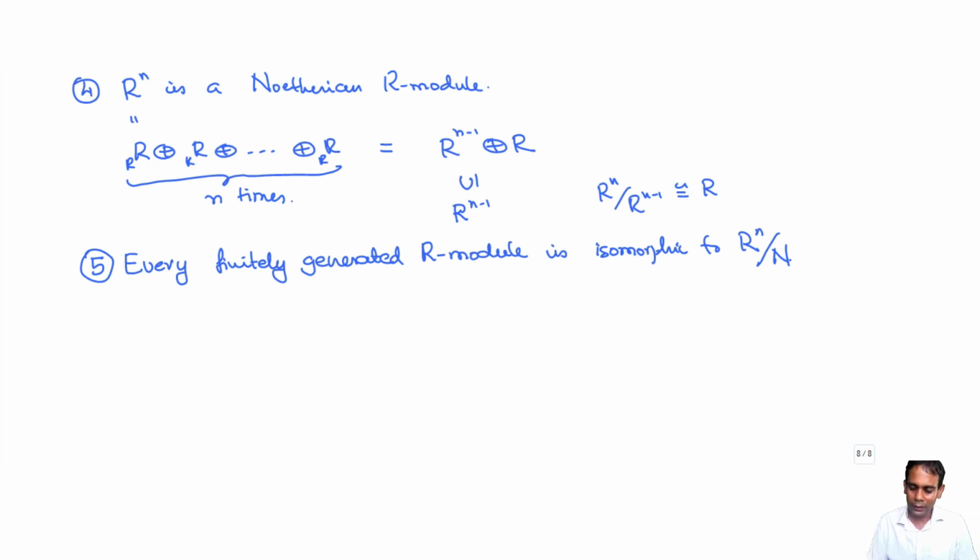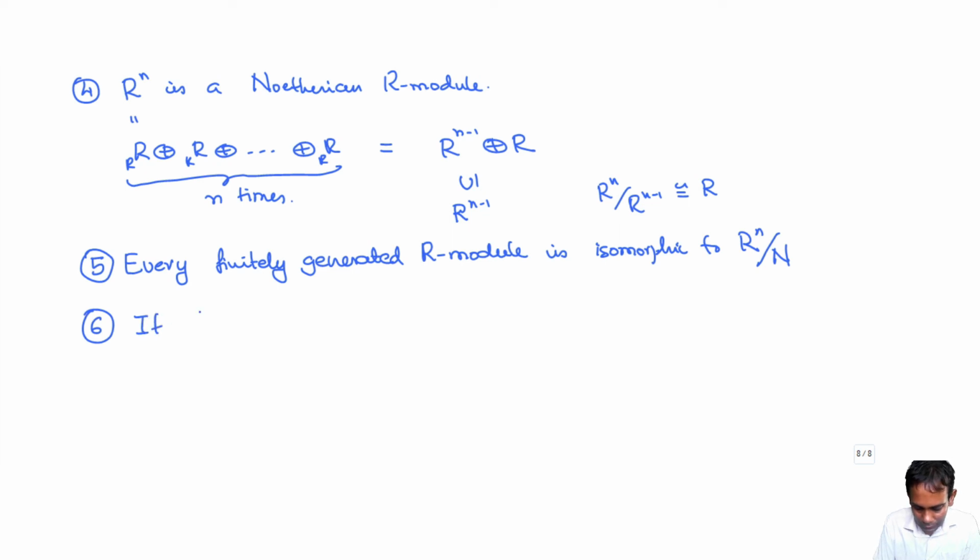We already saw this when we talked about finitely generated modules. If there are n generators, then you take a homomorphism from R^n to your module, which takes the ith coordinate vector in R^n to the ith generator in your module, and you'll get an isomorphism with R^n mod N. Now this R^n is Noetherian, so we need a small result here.